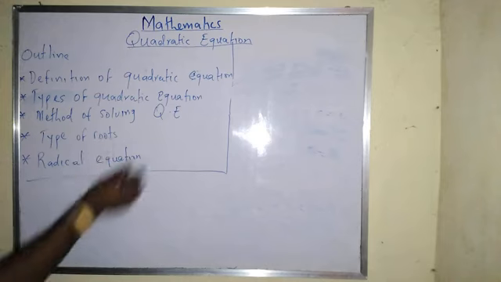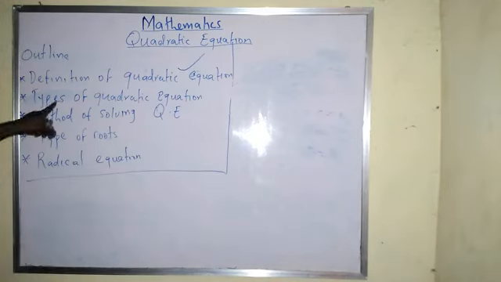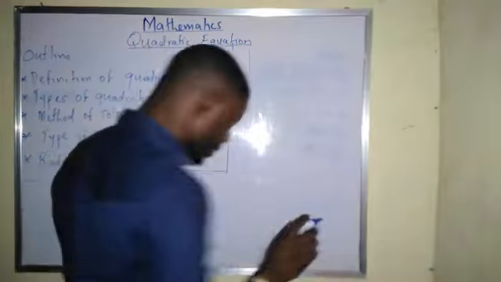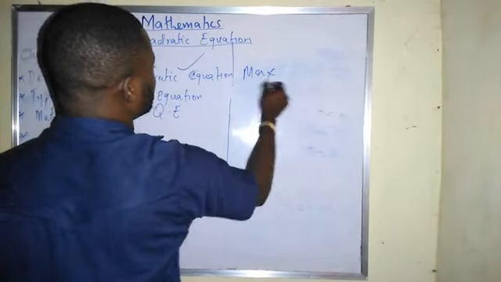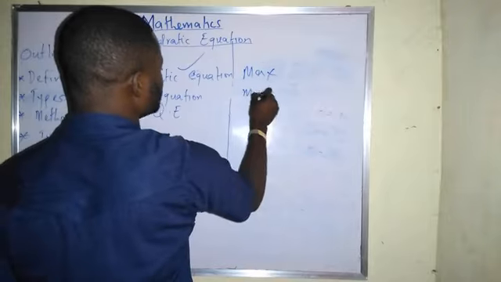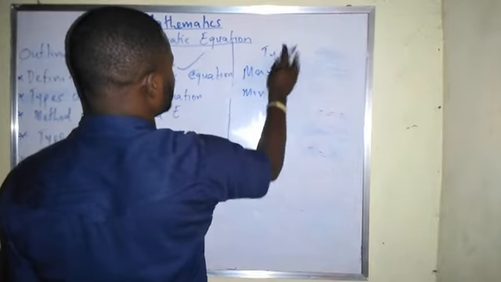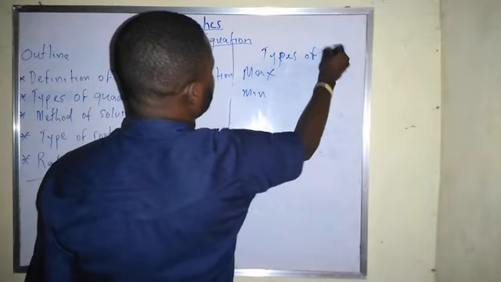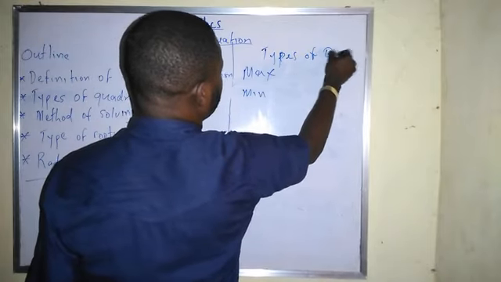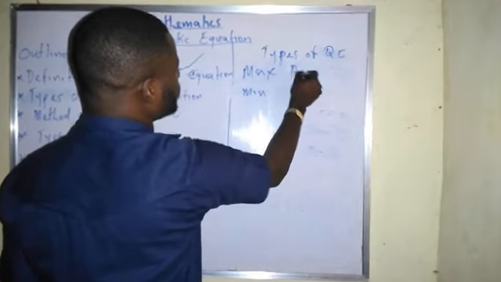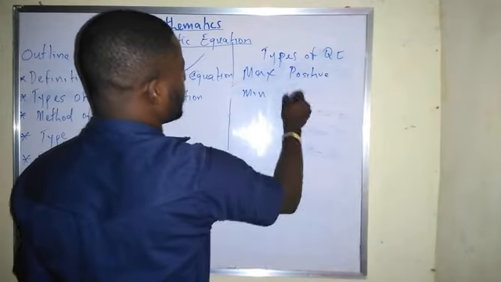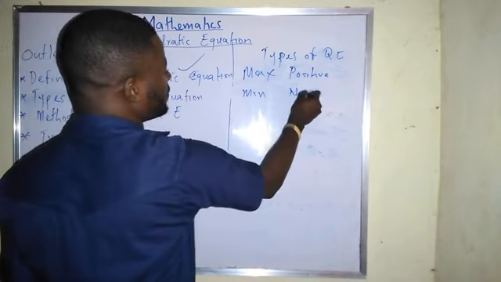Now I'm on types of quadratic equation. There are two types of quadratic equation: maximum and minimum. If it is minimum, we call it positive, and this one will be negative.